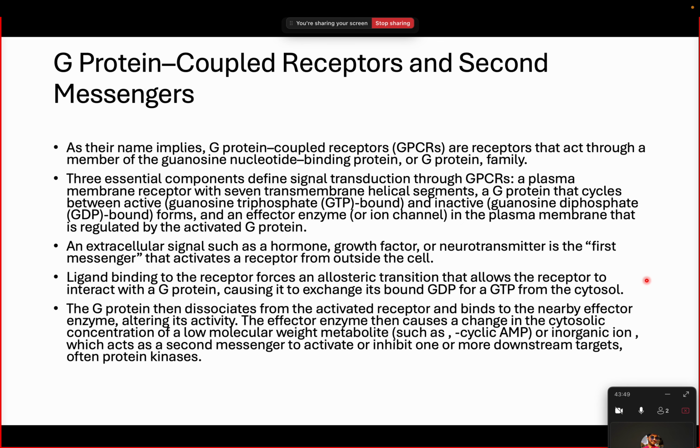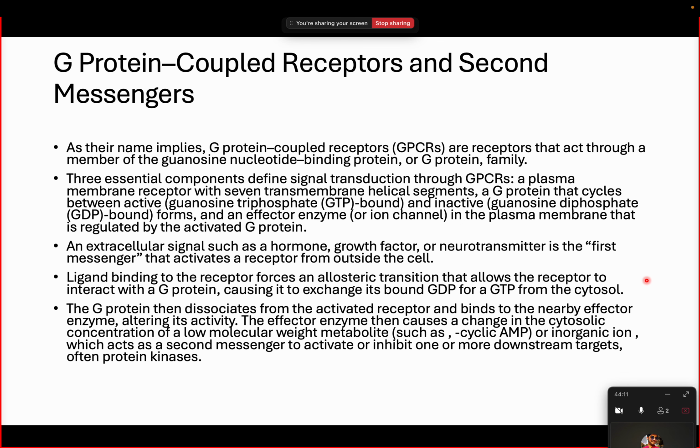So GDP bound, that is guanosine diphosphate bound structure, is inactive. GTP bound, that is guanosine triphosphate structure, is active. So what will happen? As soon as the signal ligand binds with the GPCR, it will convert the GDP bound structure to GTP bound structure.